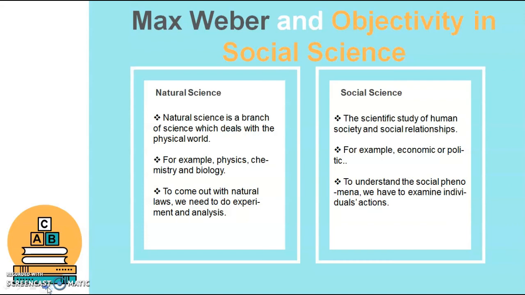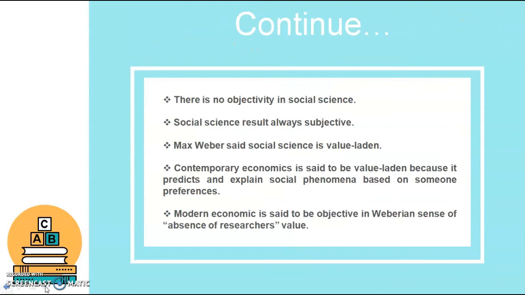While social science is the scientific study of human society and social relationships, for example economics or politics. To understand social phenomena, we have to examine individuals' actions. So, actually, social science does not have objectivity because social science is always subjective.